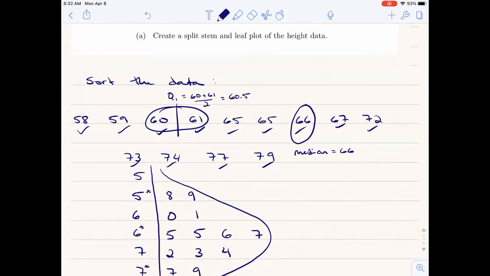Same thing for the third quartile. We can't use 66, so we use 67 to 79. Q3 is 73 plus 74, said 74 but wrote 75, divided by 2 is 73 and a half.